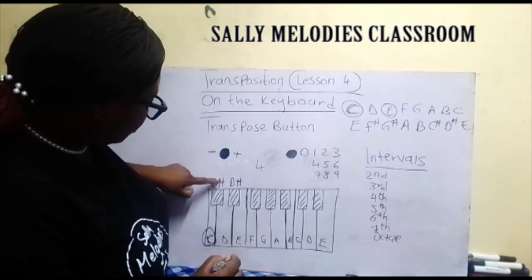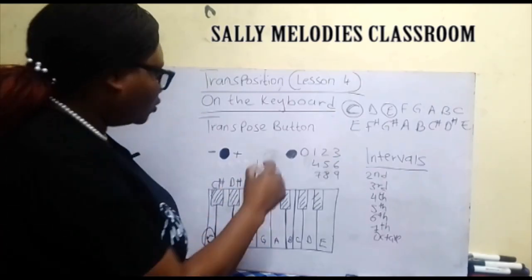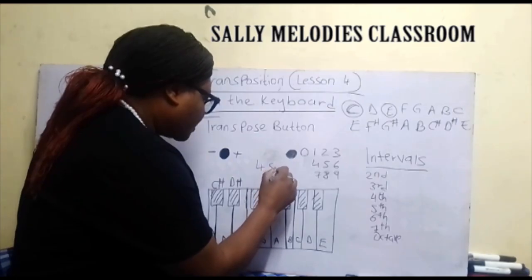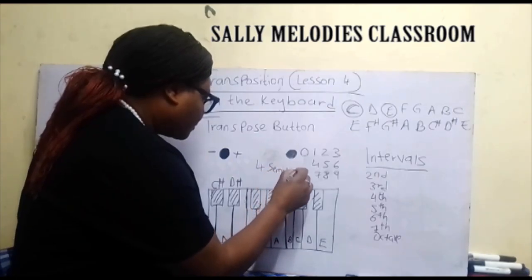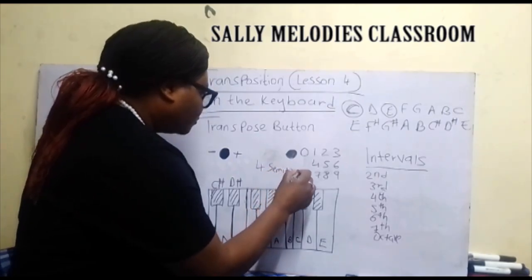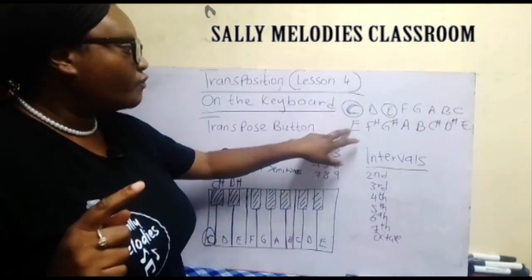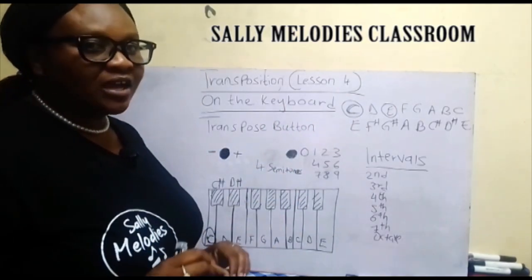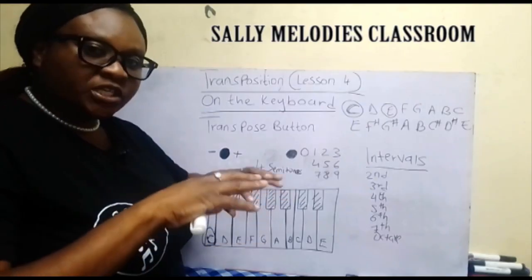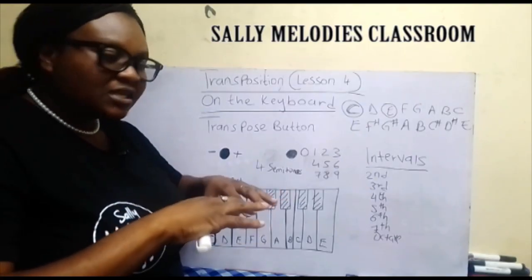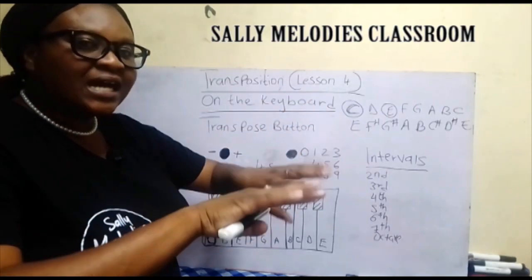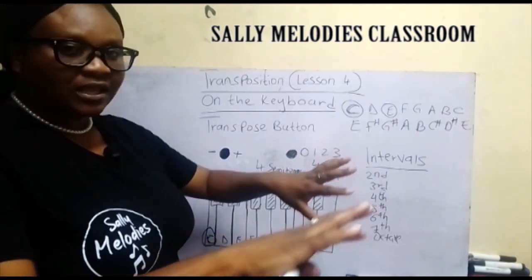Those are 4 semitones. So you are going to press your plus button 4 times. You are not going to change the position of your fingers because you don't know how to play this key. But the pitch will change, and you are going to be accommodated there as a beginner.